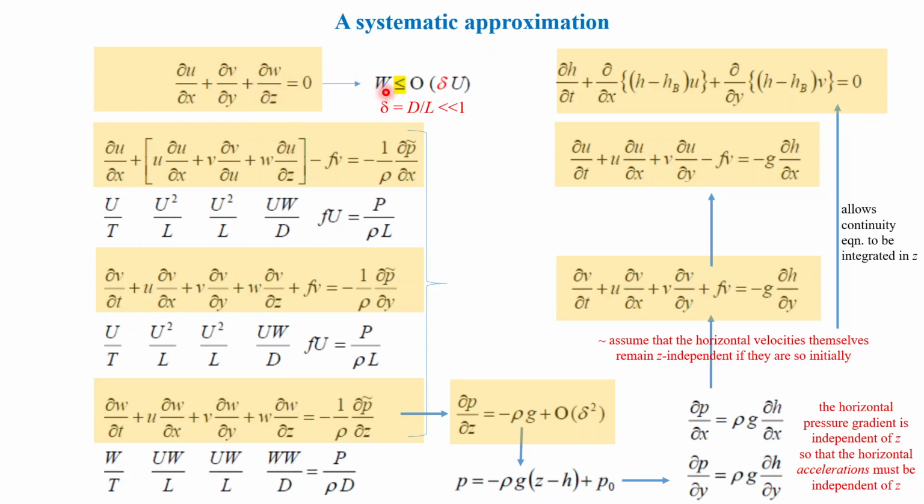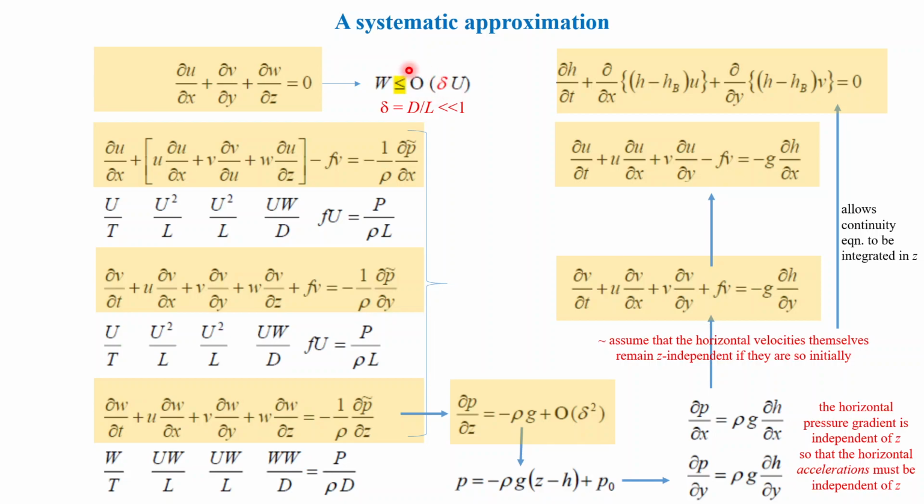Then you can show very easily that the vertical velocity W is smaller than the horizontal velocity times delta, where delta is the aspect ratio D over L, which is much smaller than 1. So this indicates that for large-scale waves, the vertical velocity is much smaller than the horizontal velocity, from this simple dimensional argument.